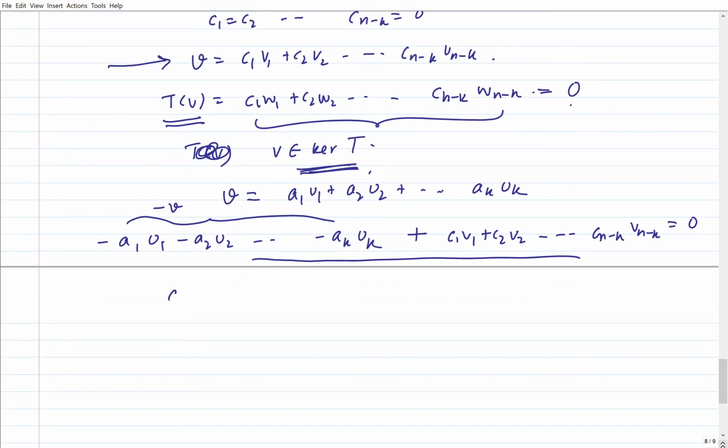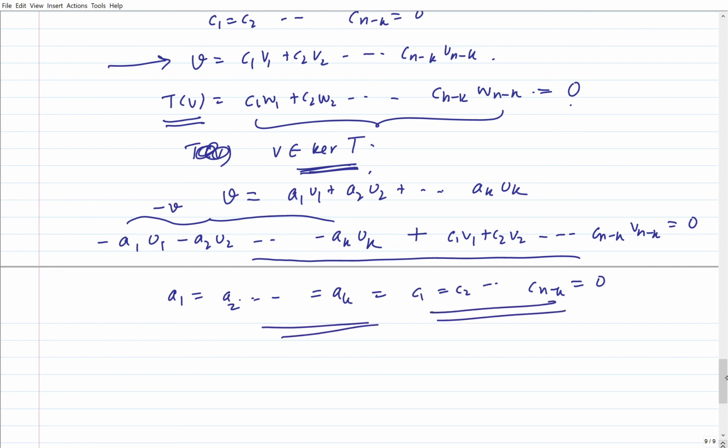This means all these, A1, A2, AK, C1, C2, Cn minus k, equal 0. So therefore, it was essentially a trivial relation. This can be only true when these guys are actually 0.